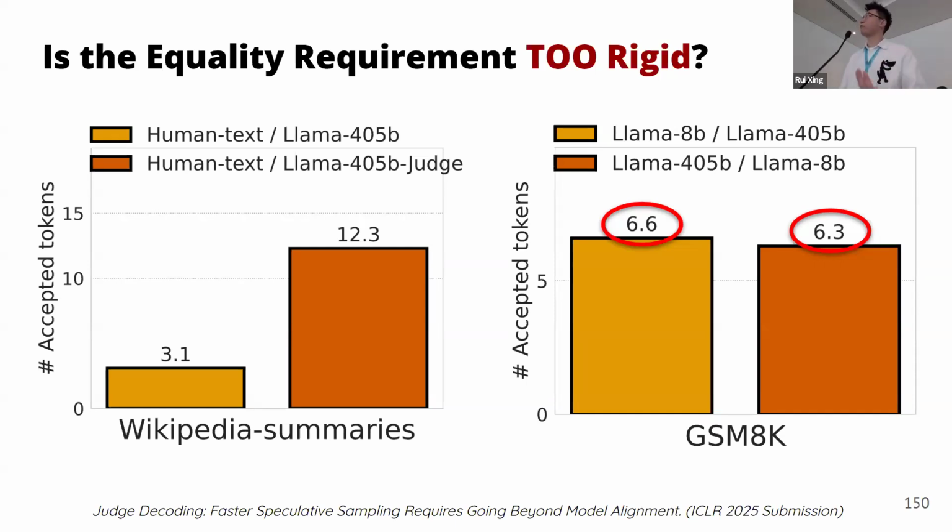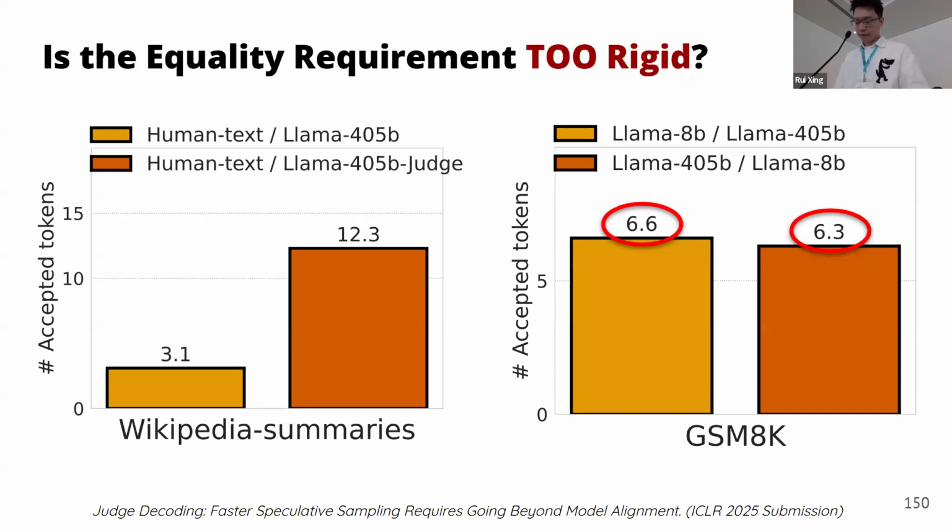And if we switch over, utilizing a very large model as a drafter to speculate on the future behaviors of a very small model, 8 billion, we can also get 6 tokens that pass the verification.